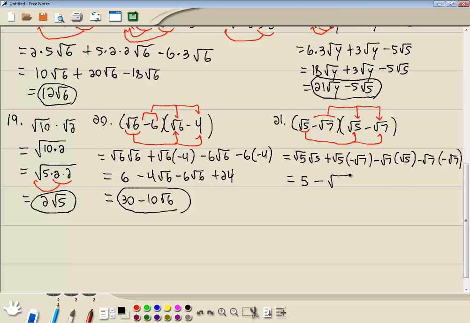Minus square root of 5 times 7. Minus square root of 7 times 5. And negative times negative is positive, and square root of 7 times square root of 7 gives us 7. Well, 5 plus 7 is 12. And these radicals are the same, and they both give us 35. So I got negative 1, negative 1, which gives us negative 2 square root of 35 when I combine those together.